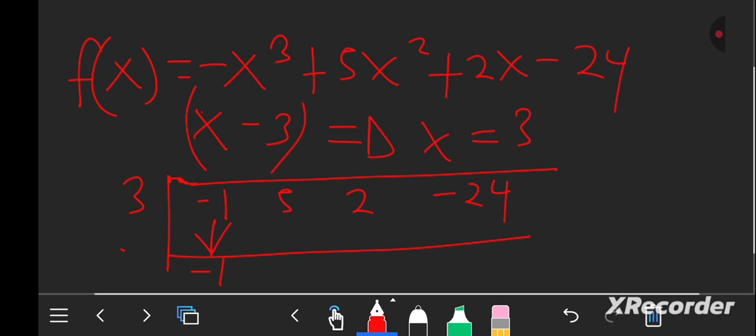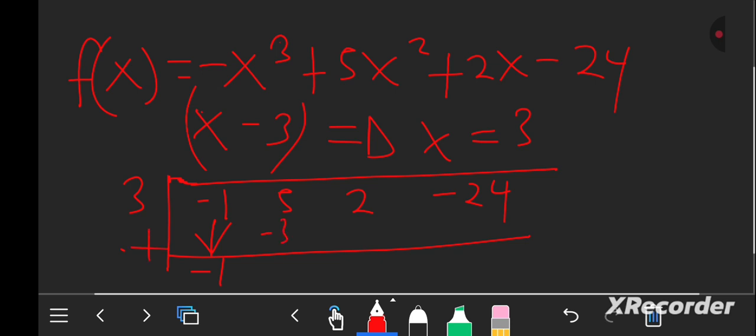Then you start multiplying. You multiply the value which you got by the divisor. Then you continue until you get the remainder, which will probably be 0. So you say 3 multiplied by negative 1, that is negative 3. Then at this point, you're going to add.